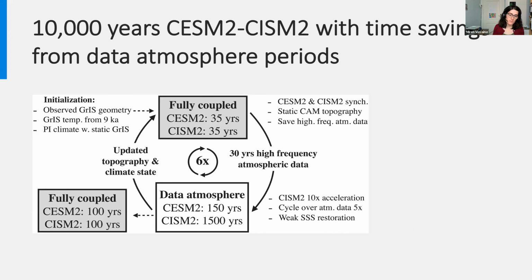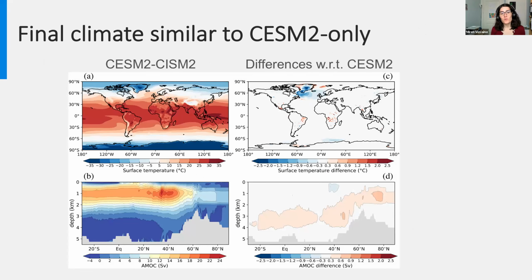So we were switching between moments where everything was coupled and offline forcing to the ice sheet model, and then we would recouple. Okay, so what we obtained was a climate that was very similar to the CESM2 alone, so without the interactive ice sheet. So we were happy that there was no big perturbation in the system by the fact that we would turn on an interactive ice sheet.